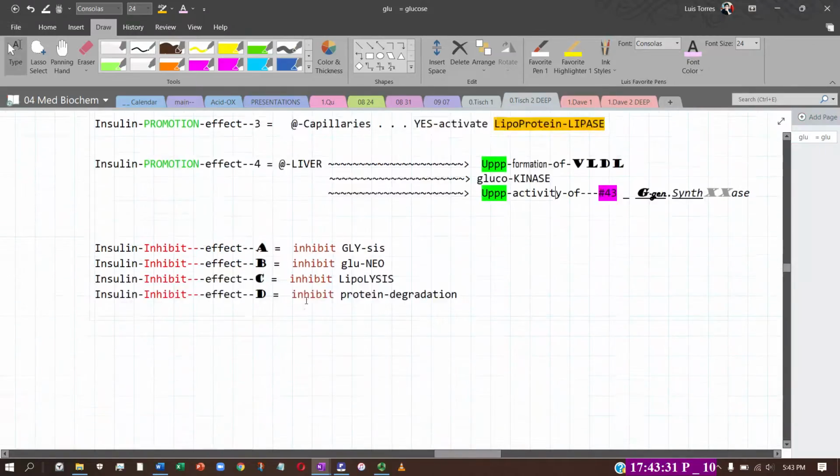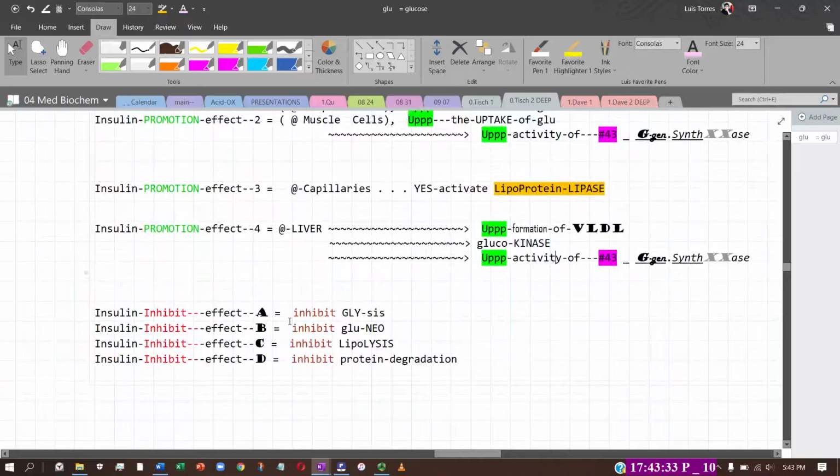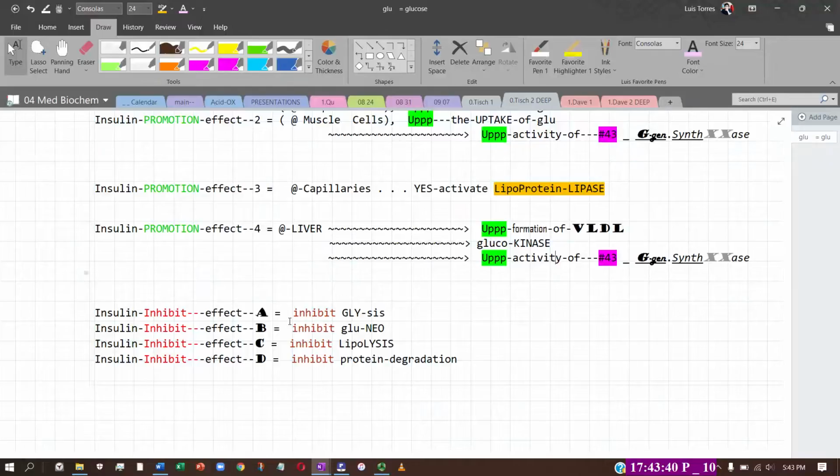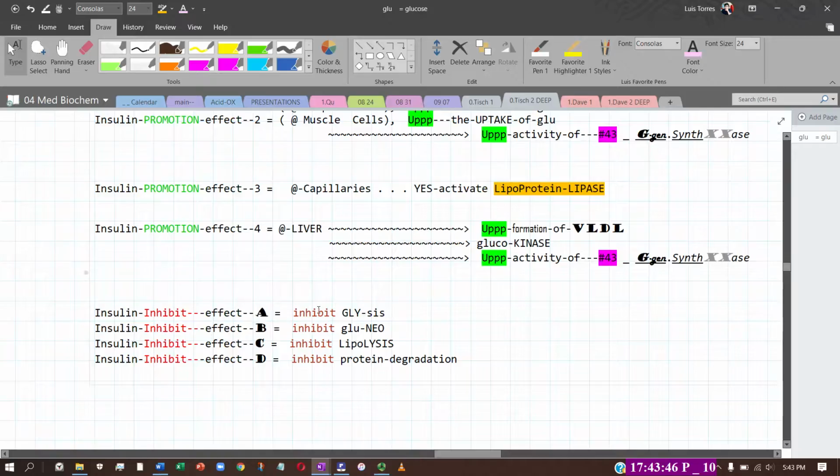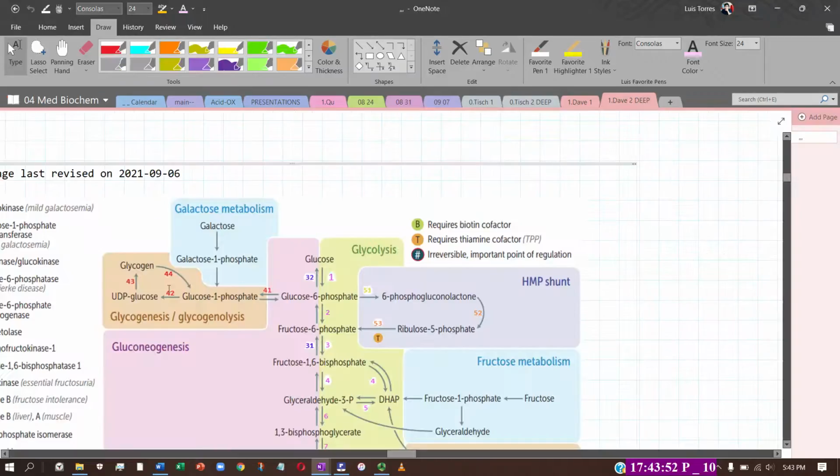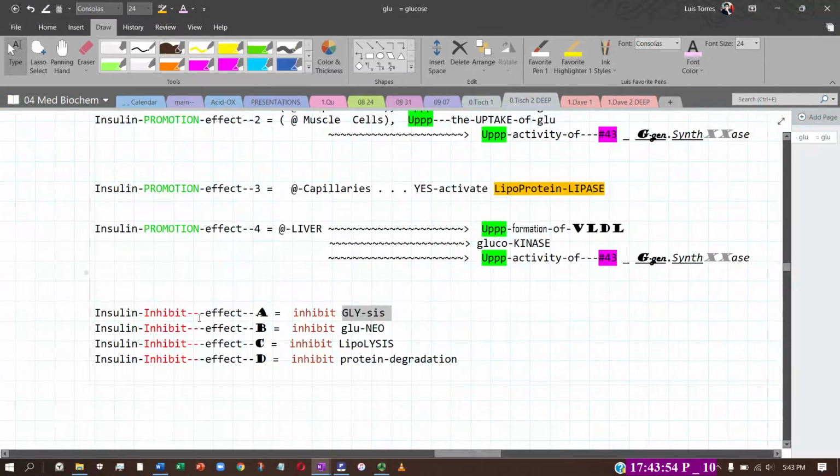So there are also effects to consider when it comes to insulin inhibition. The insulin inhibitory effects. A is the inhibition of glycogenolysis, so glycogenesis. Okay, good. All this is tying well together.